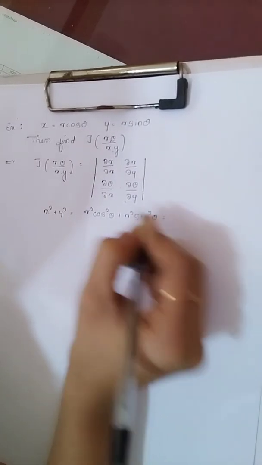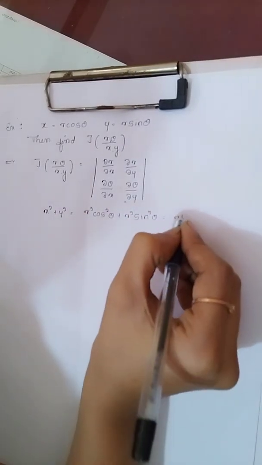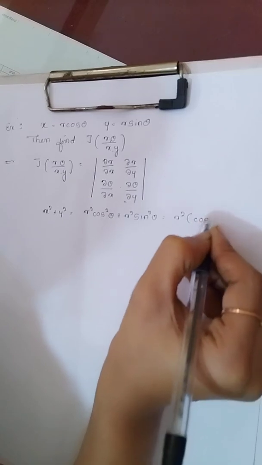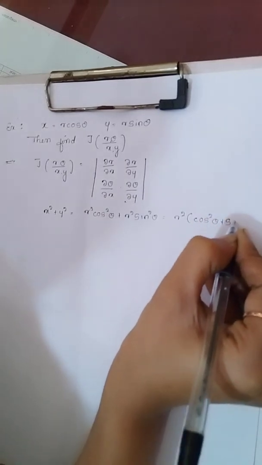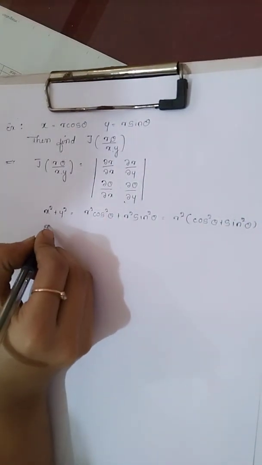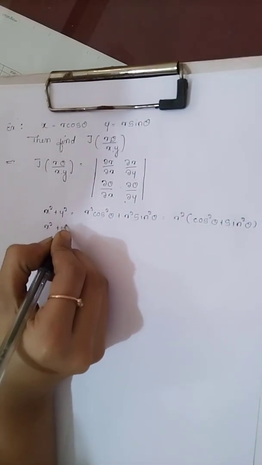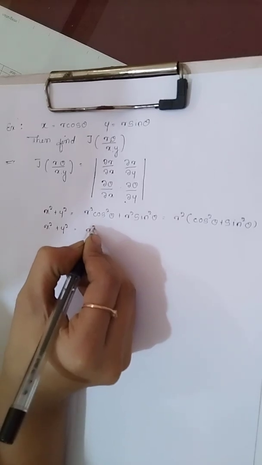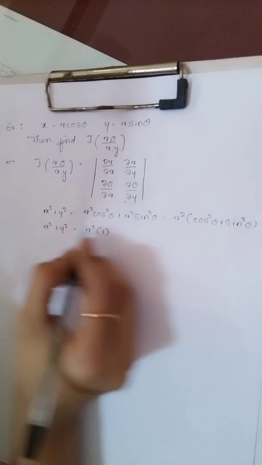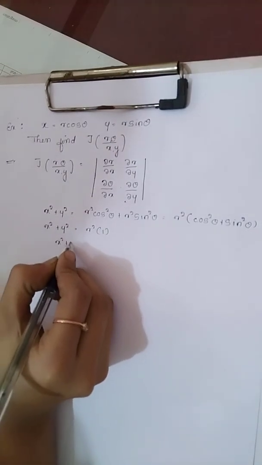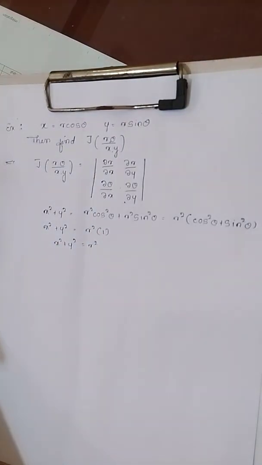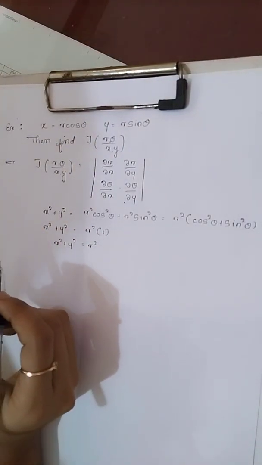The term r square is common, so r square into the bracket cos square theta plus sin square theta. The value of cos square plus sin square is 1. So x square plus y square is equal to r square.